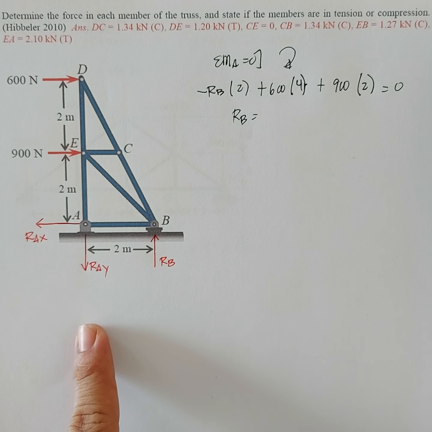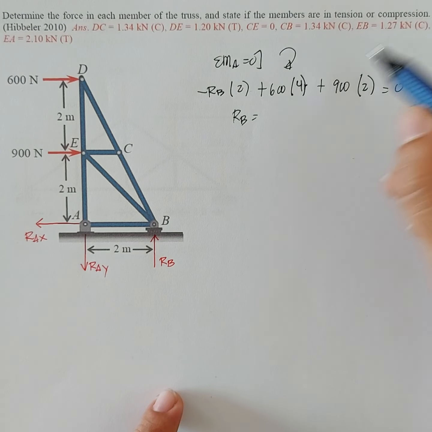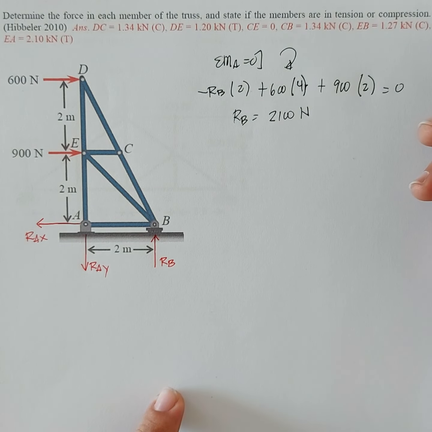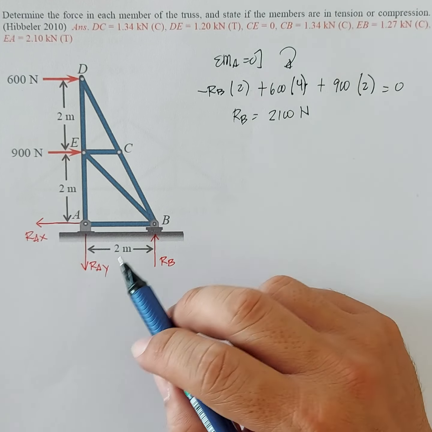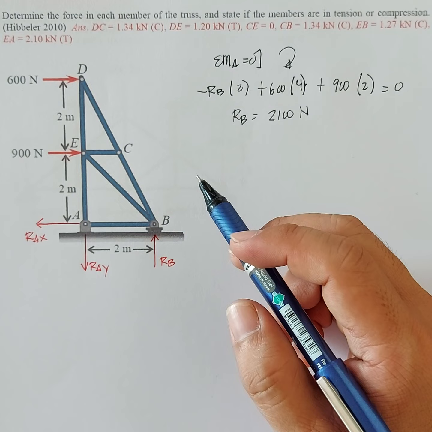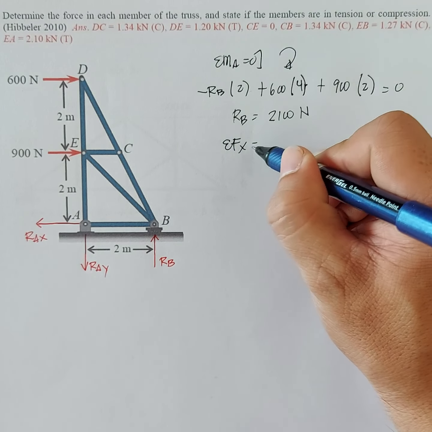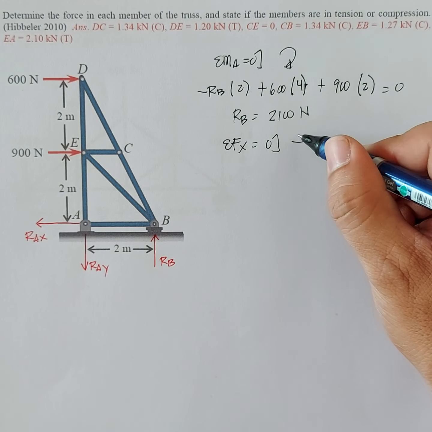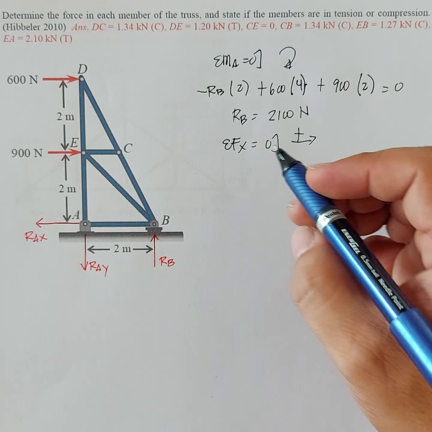RB is 2,100 newtons. That's RB. And we can use the other two conditions of equilibrium to solve for the other two unknown support reactions. So we can summate forces along x-axis equals to 0. Forces to the right, positive. We have assumed RAX to be to the left.